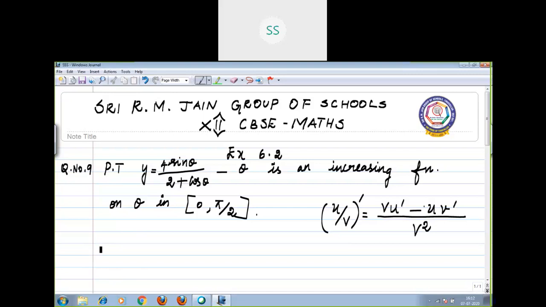Now, what is your y? 4 sin theta divided by 2 plus cos theta minus theta. Don't forget, here you are going to differentiate with respect to theta, because theta exists on the right side.